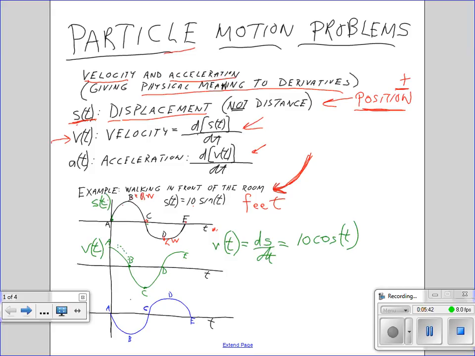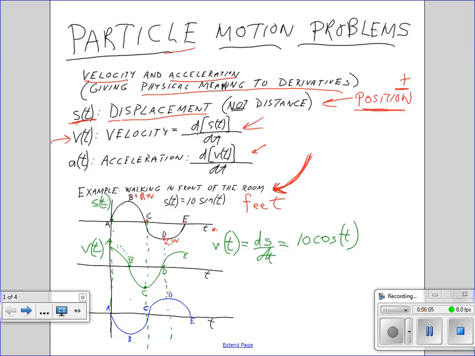Notice these are supposed to be lined up in time. These are the same axis here. So at C, I'm in the middle of the room, but I'm still moving to the left. Velocity is negative. Come back to D. At D, I'm at the left window.